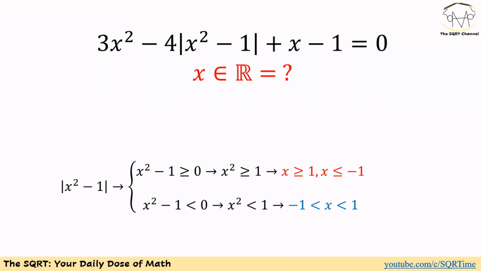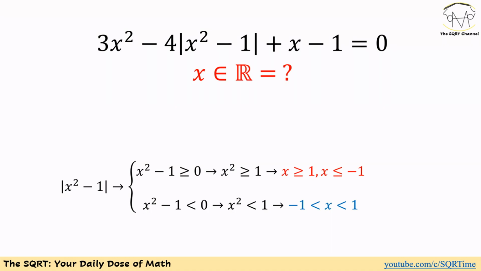Obviously, the absolute value of x squared minus 1 is going to be positive in all cases. However, x squared minus 1 is going to be positive or negative depending on the value that we have for x. So we are going to find where x squared minus 1 is going to be positive or 0 and when it's going to be negative.